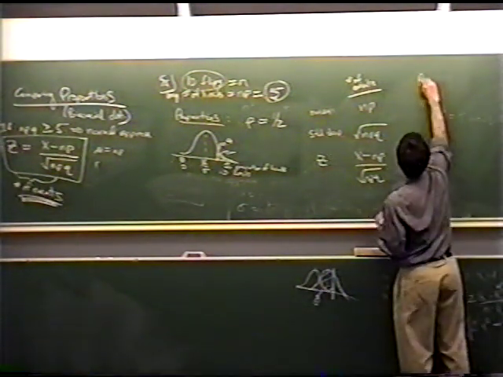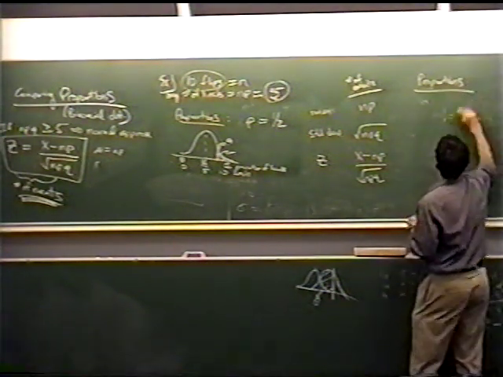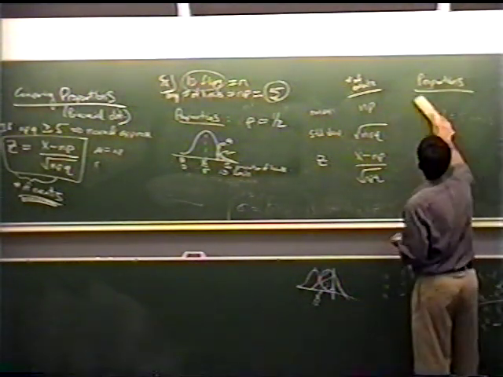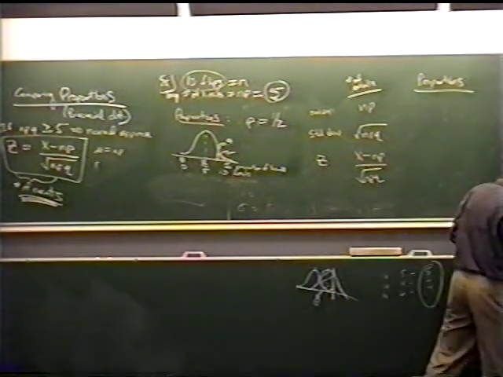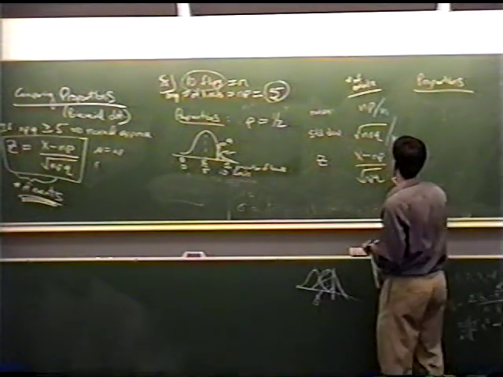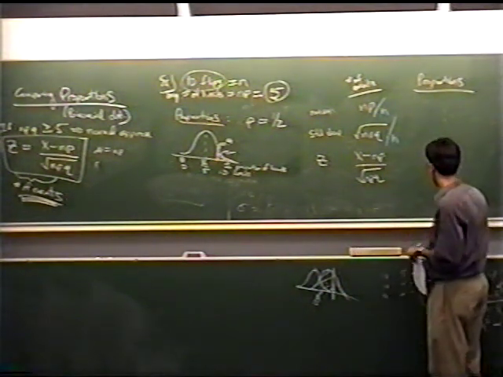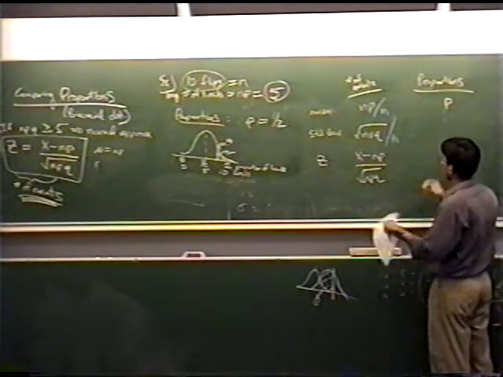When we're dealing with proportions, all we're dealing with is everything without the n. So we're dividing everything here by n. P is the probability that we're getting.